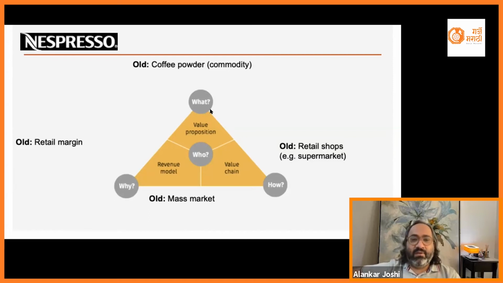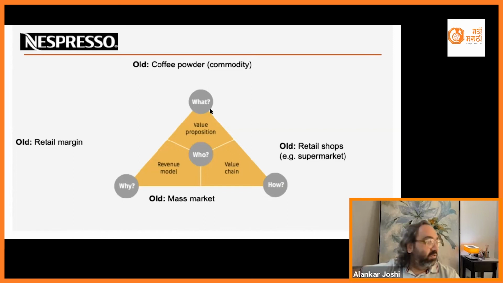In terms of the market segment, this was basically for everyone, the mass market. And the revenue model, again the old style, was the gross margin or retail margin that the company made on the coffee powder they were selling. Bigger companies or companies that had developed very strong brands over a long period had higher margins, but those that didn't have strong brands struggled to make money.